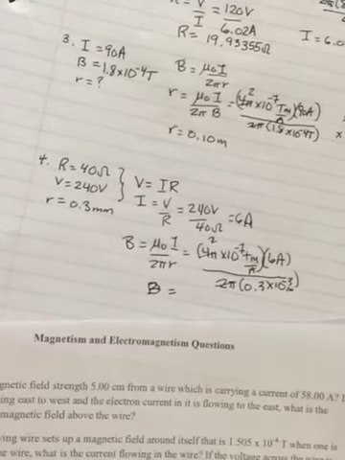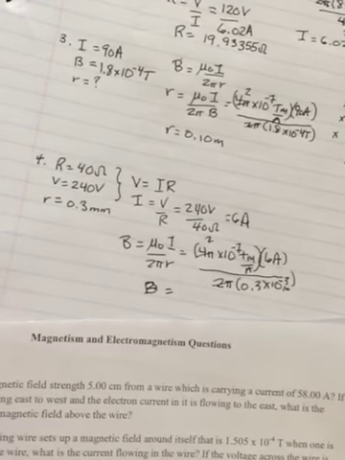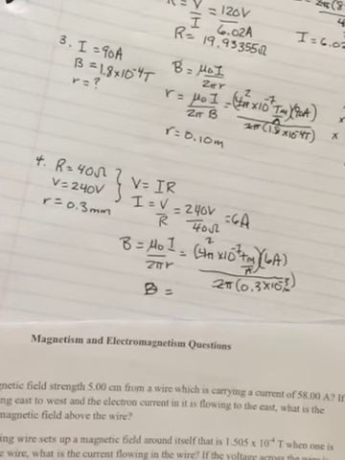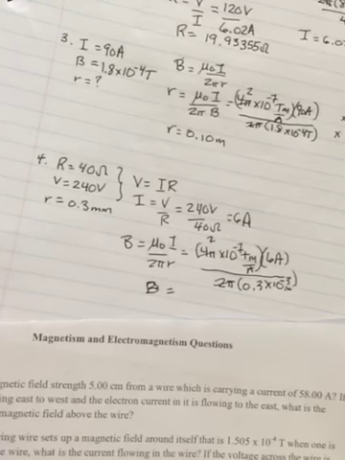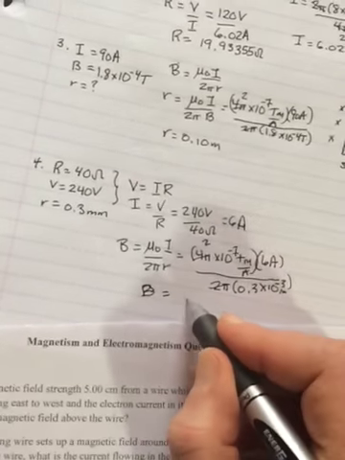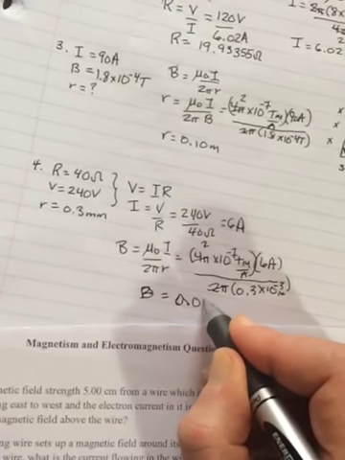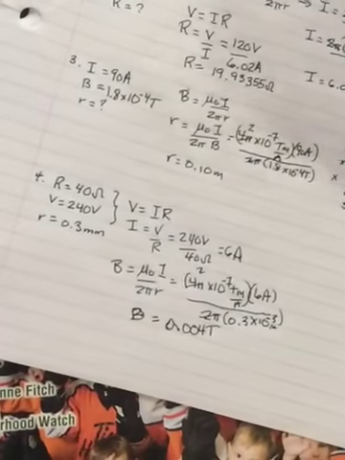Maybe I should have done it in my head as I was punching it in the calculator. 12 times 10 to the negative 7 divided by 0.3 times 10 to the negative 3. Oh, no, I got the same answer. 0.004 Teslas.